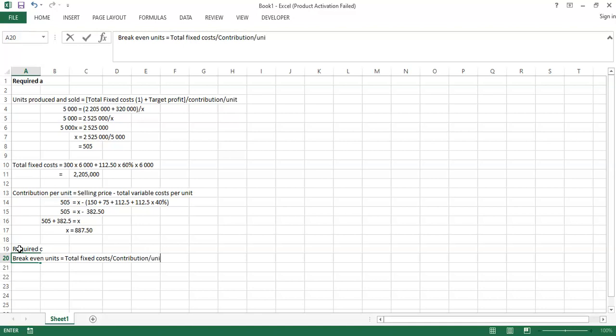Since it's based on the same calculation, we shouldn't have a change in the total fixed costs there. So this is where you can refer to calculation 1, divided by what is our contribution? Our contribution is 505 there.